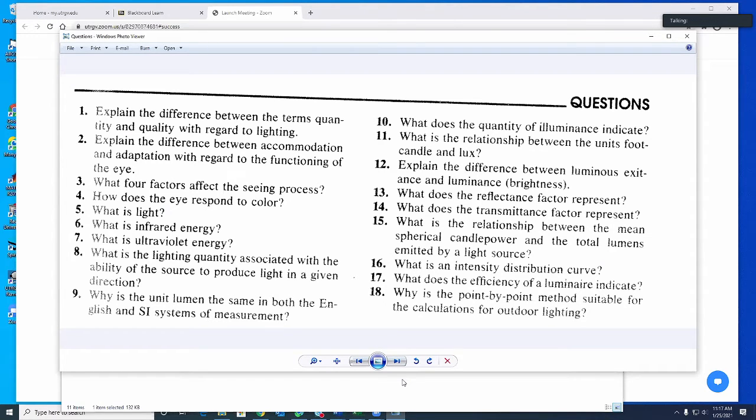Infrared for longer wavelengths and ultraviolet for shorter wavelengths. Another question is number 9. What is the unit? Why is the unit lumen the same in both the English and the System International of Measurements?